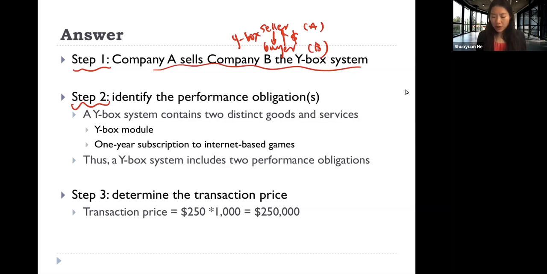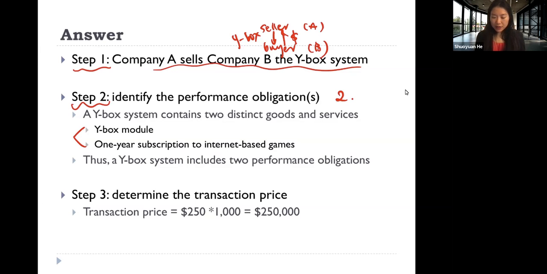And the performance, how many performance obligations are there? There are two performance obligations. The first performance obligation is the white box module. And then the second performance obligation is a one-year subscription. So both of those are two distinct performance obligations. You can totally separate those two.